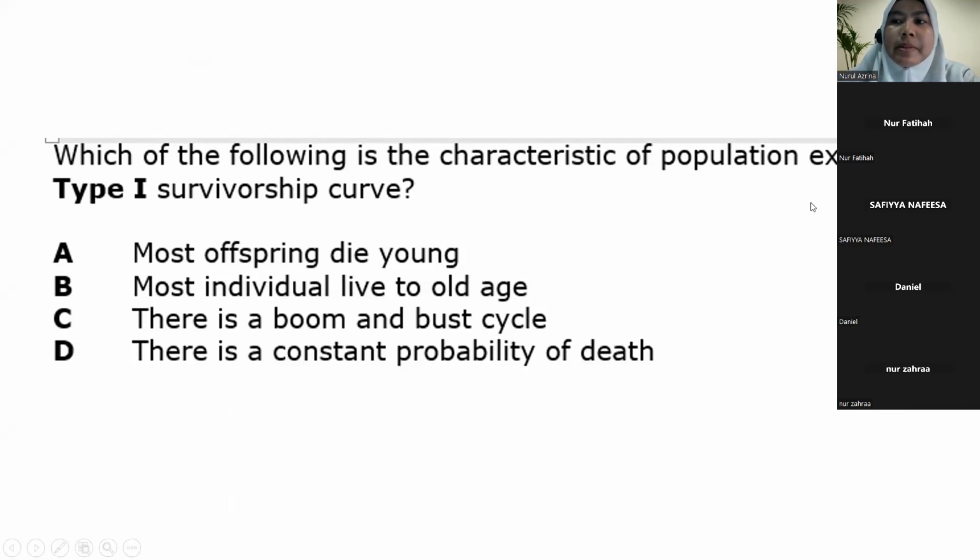Okay, soalan yang pertama. Which of the following is the characteristic of population exhibiting type 1 survivorship curve? So, you have to know the characteristic of type 1 survivorship curve.